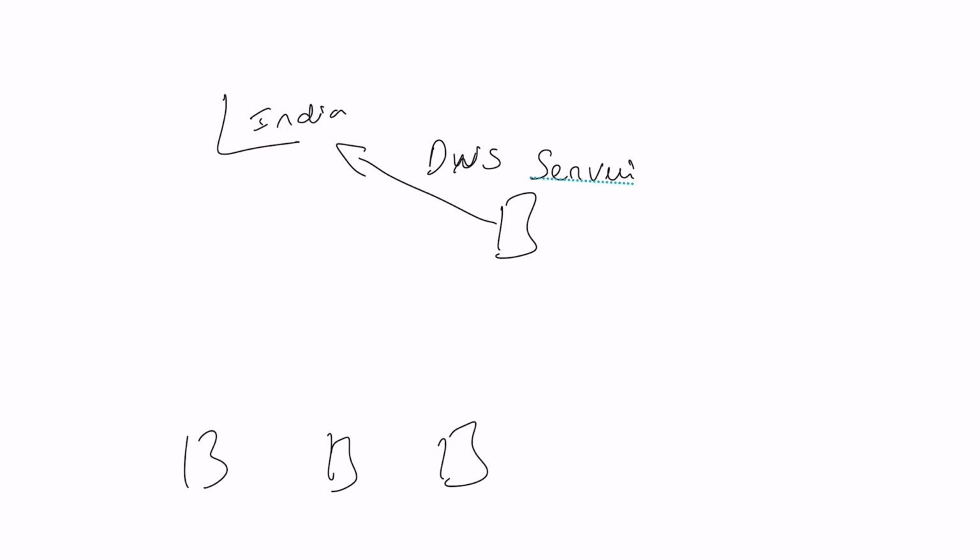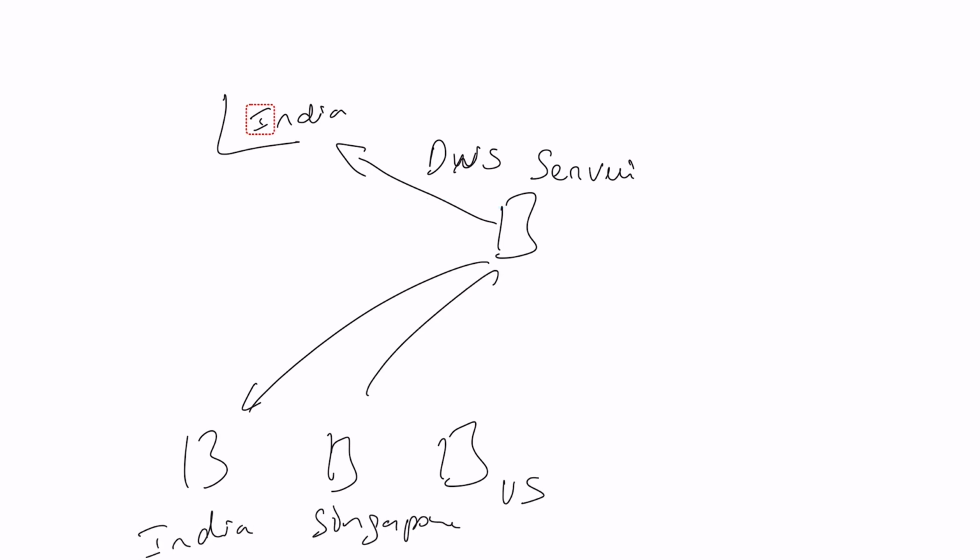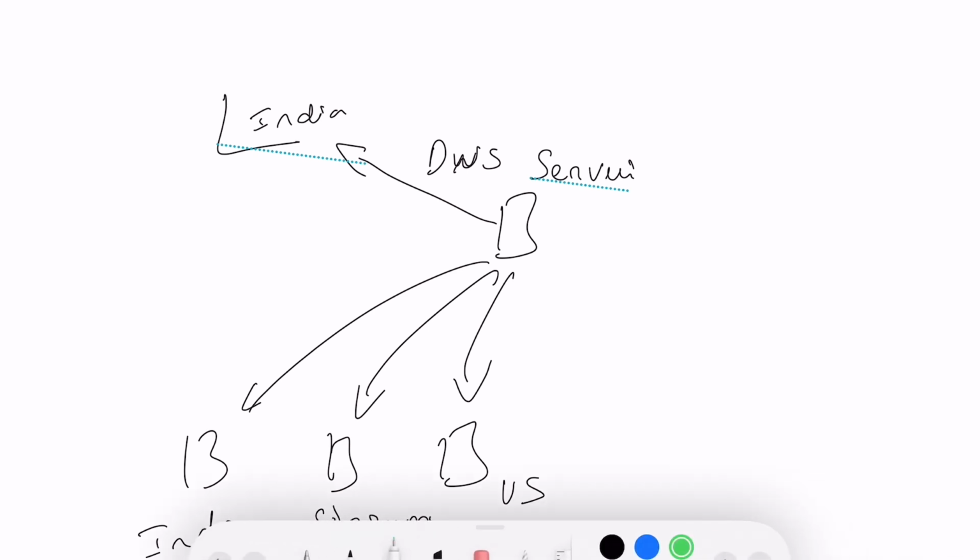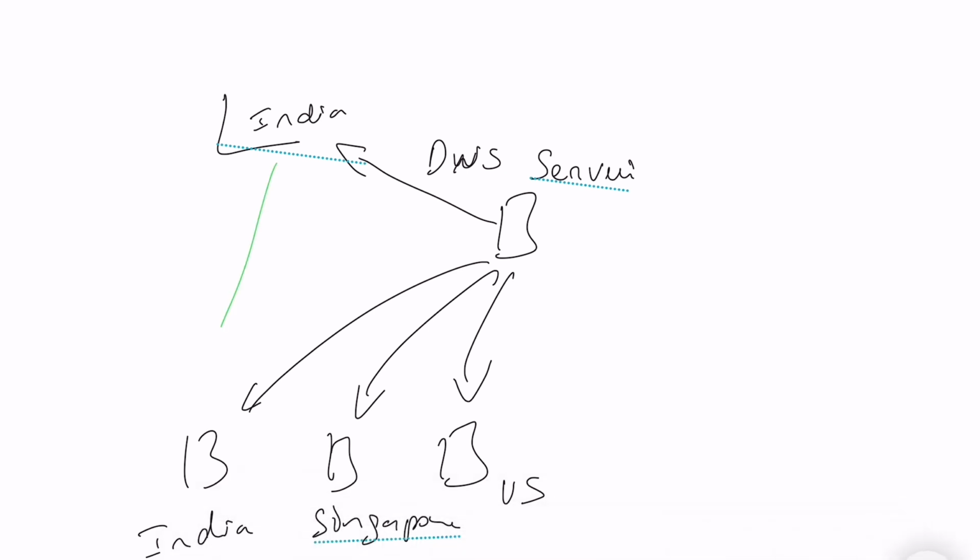So for example, what this DNS server can do is try to understand that these servers are in India, Singapore, and US, right? It will try to understand how far these servers are, or how fast these servers can be accessible from this laptop.